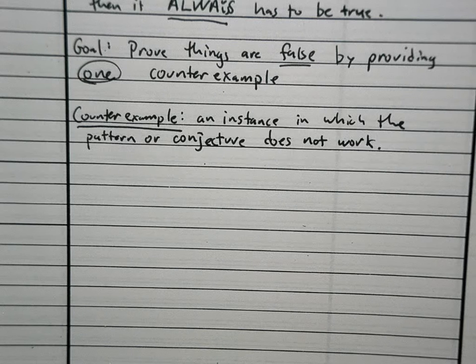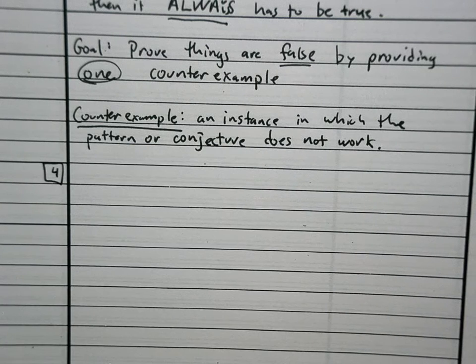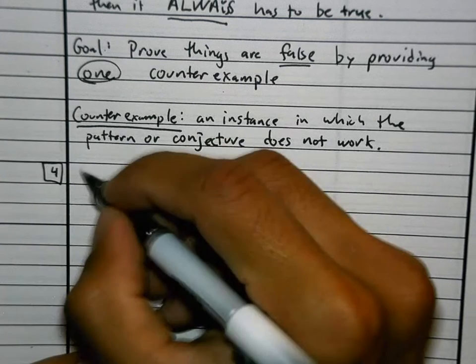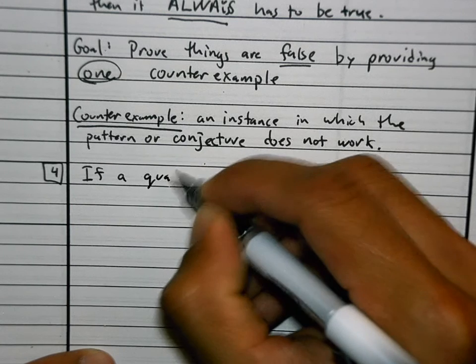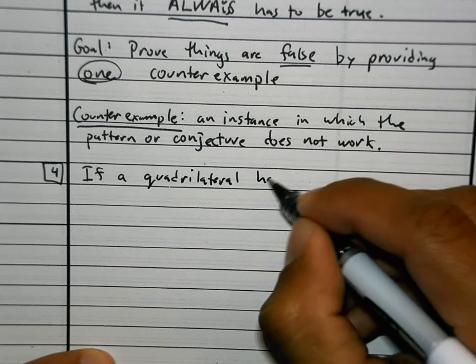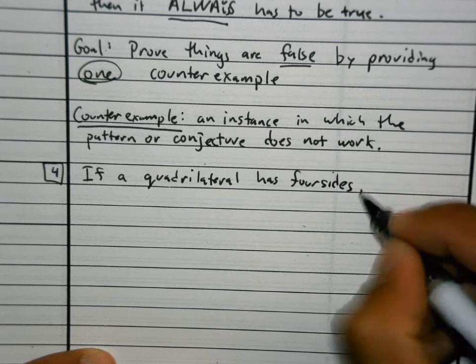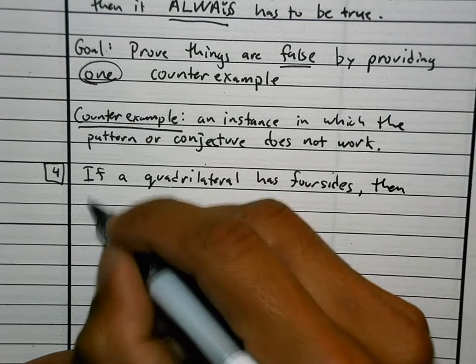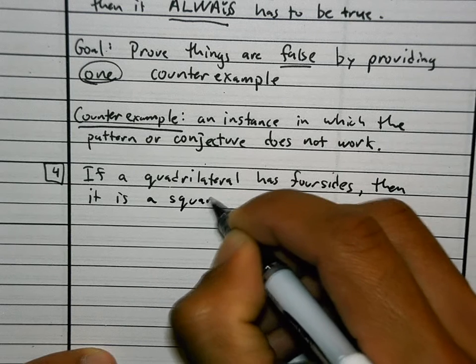I'm going to give you an example. And this example is like number 4 on your worksheet. Number 4 on your worksheet says this. If a quadrilateral has 4 sides, then it is a square.